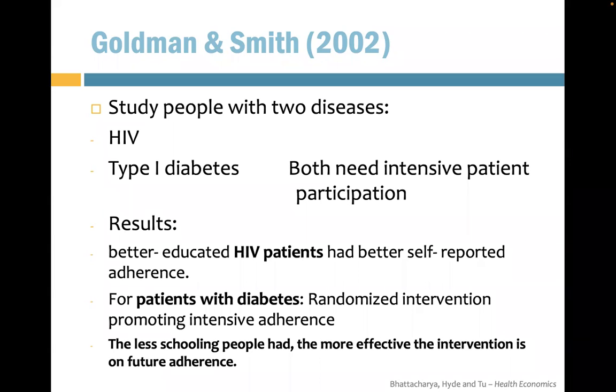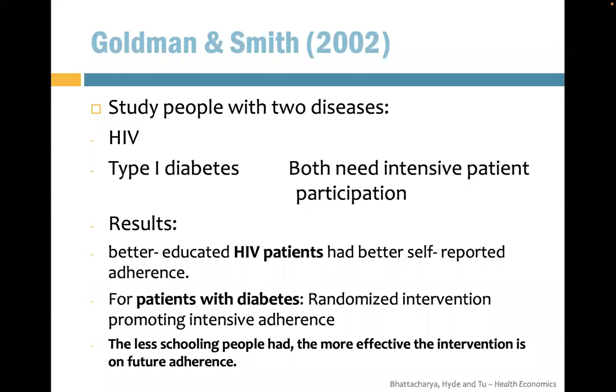They are more willing to follow what the doctors tell them to do. For patients with diabetes, they randomized interventions that promote intensive adherence, and they find that the less schooling people have, the more effective the intervention is on future adherence, which means that they have a relatively lower level of adherence at the beginning.